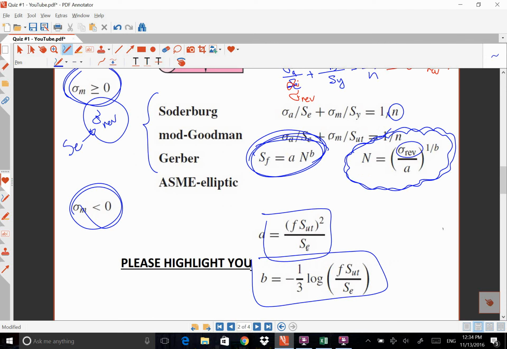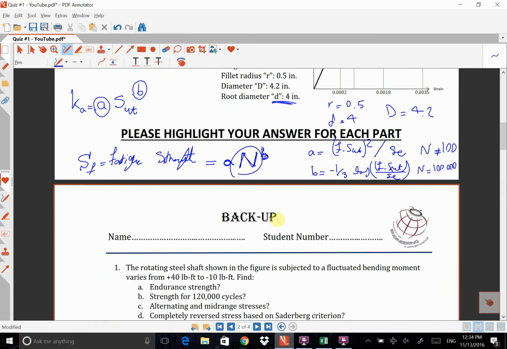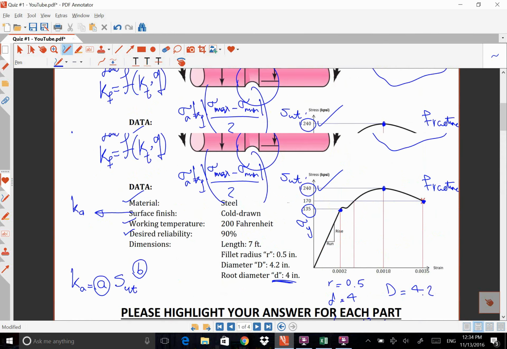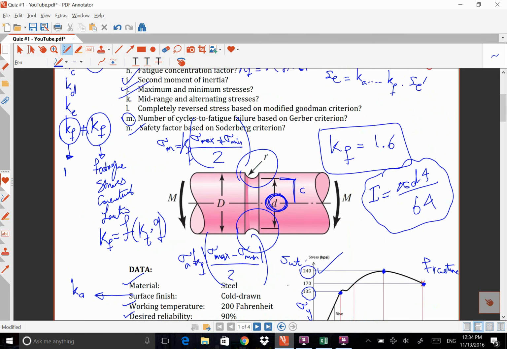We found them in the previous steps. There's a question here I'm going to let you think about. This equation here is for a completely reversed scenario. In this case, it's not a completely reversed scenario because we are not oscillating around zero. So I wonder if this equation is still valid or not.